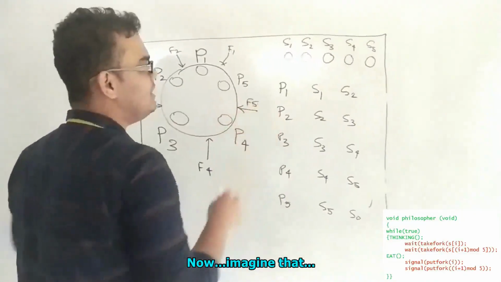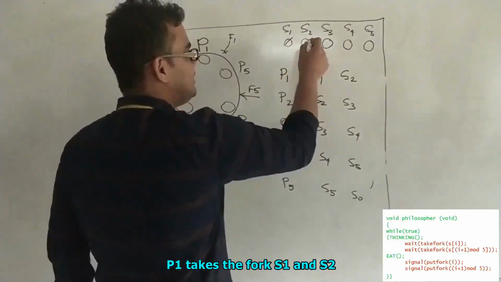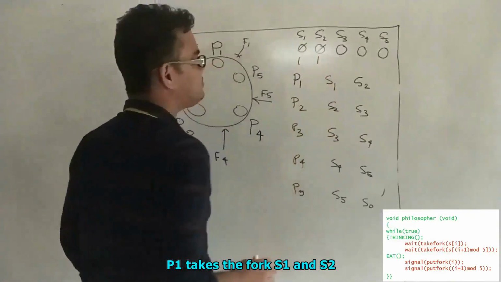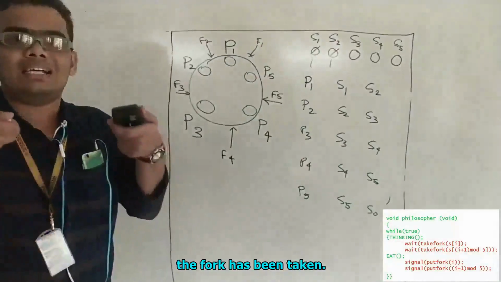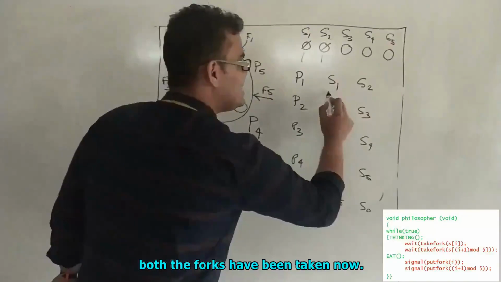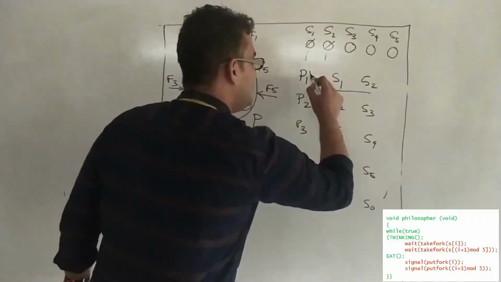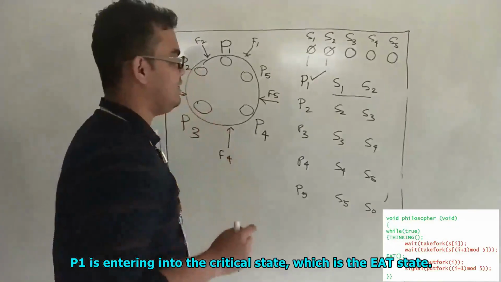Now imagine that P1 takes the forks S1 and S2. Now they change to 1 because the forks have been taken. Because both forks have been taken, P1 enters the critical state, which is the eat state.